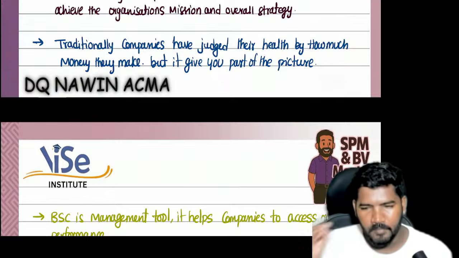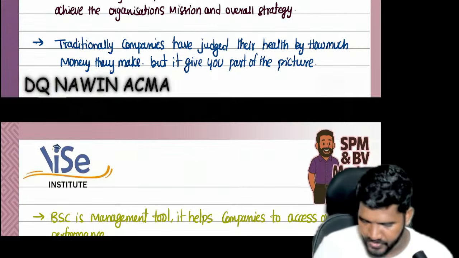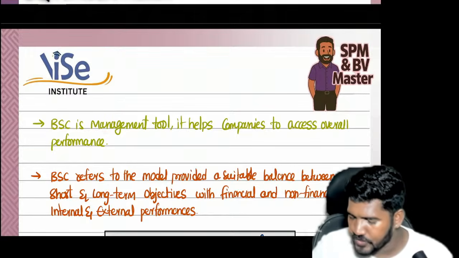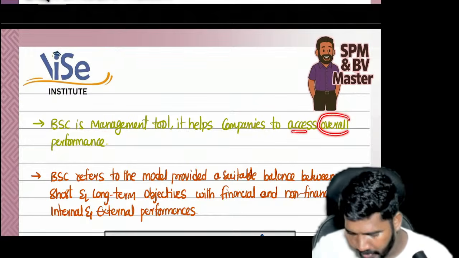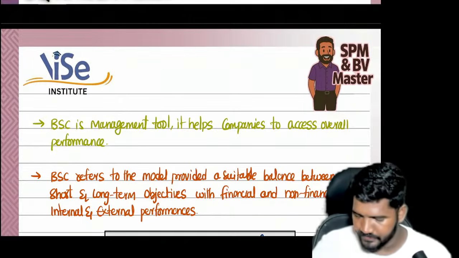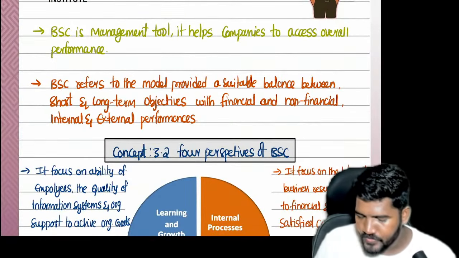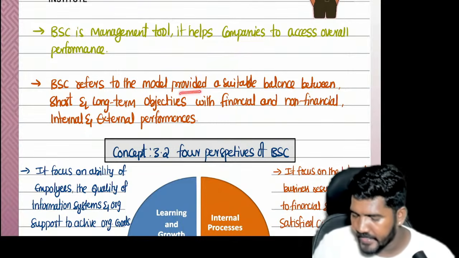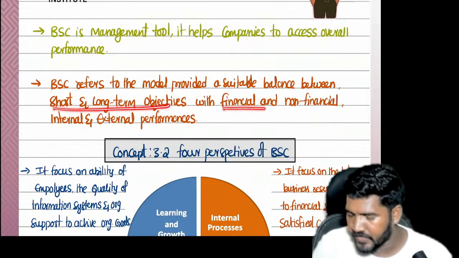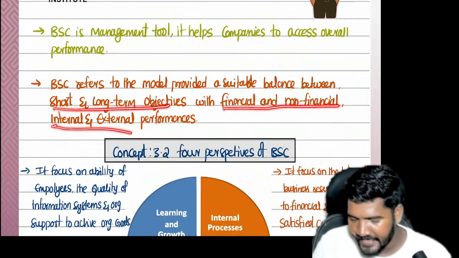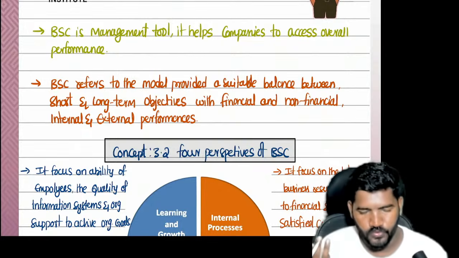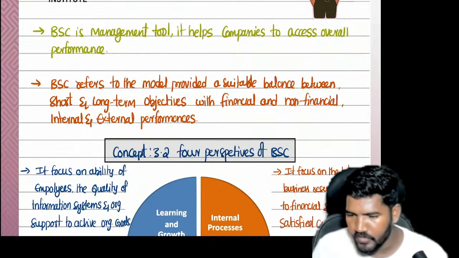If you know the total picture, then only you can take good decisions. Now, the balanced scorecard is a management tool. It helps companies assess overall performance. The word overall means total, 360 degrees. The balanced scorecard refers to a model that provides a suitable balance between short- and long-term objectives, financial and non-financial, and internal and external performance. It focuses on the total overview.